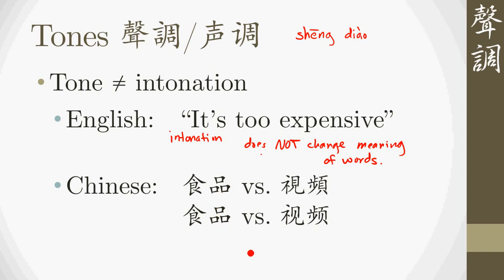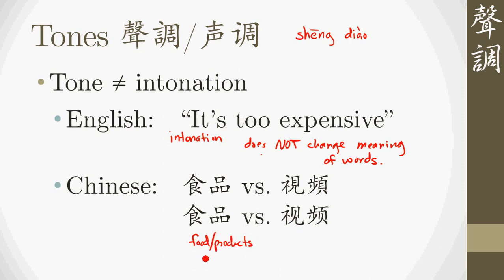So for example, on this side, we have a word that is pronounced shipin, and then on the other side, we have shipin. Okay. On the left, this is the word for food or products. Okay.